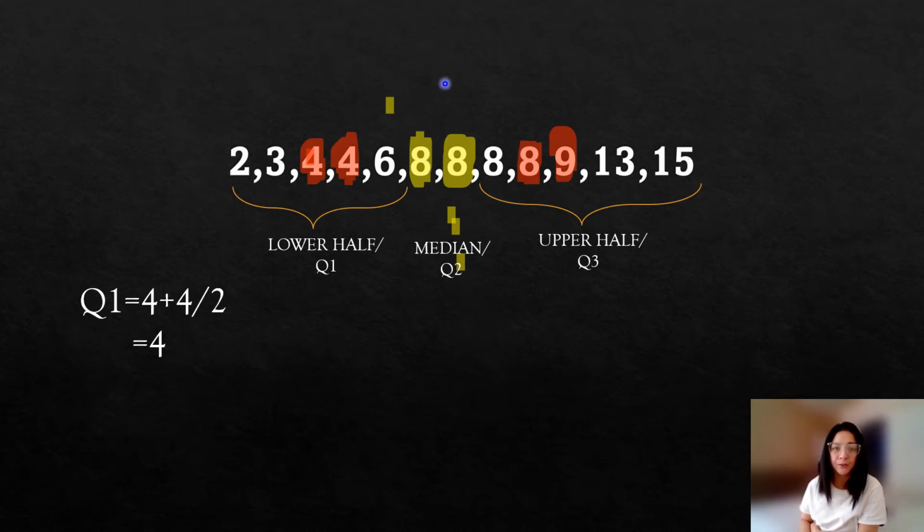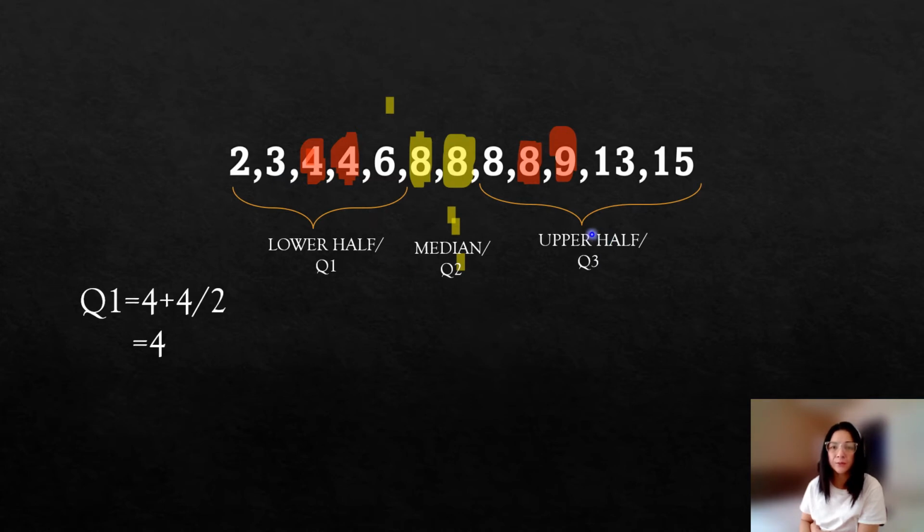Let's remember, if it is an even number, we would have to start from here. 1, 2, 3, 4, 5, 6. We will have to include 8. So 1, 2, 3, which is 4, and then the other one is 1, 2, 3, which is 4, and then we get the average.